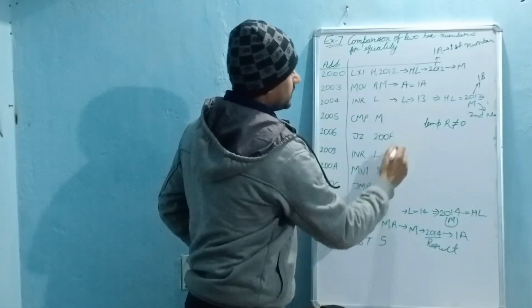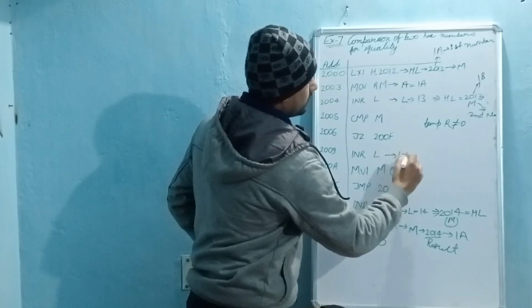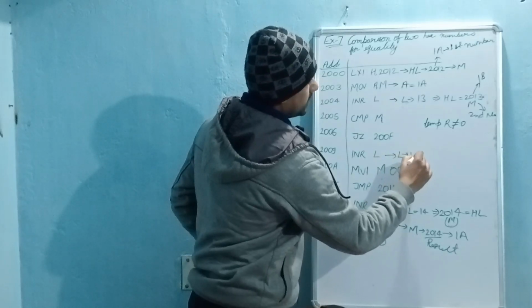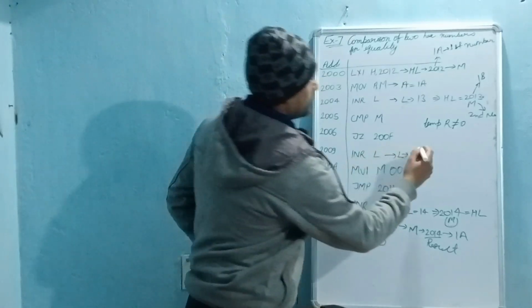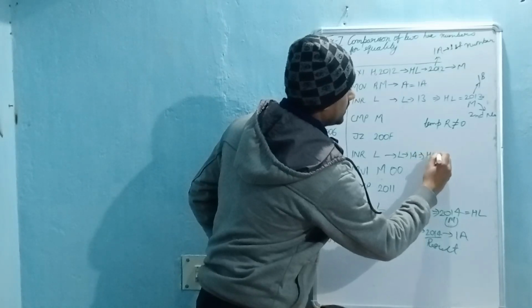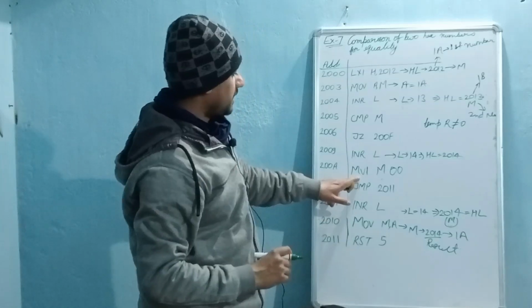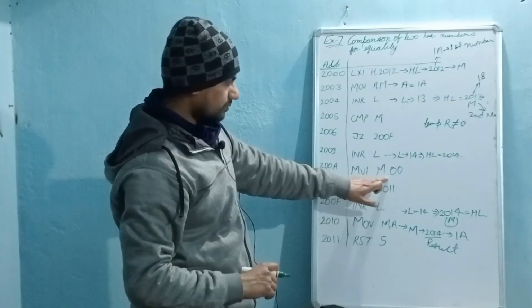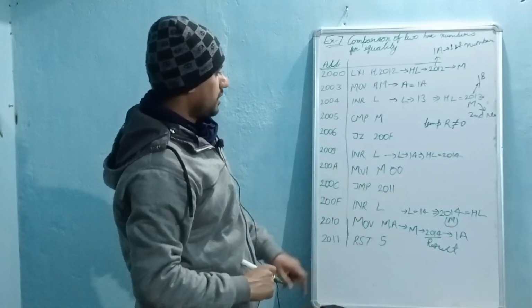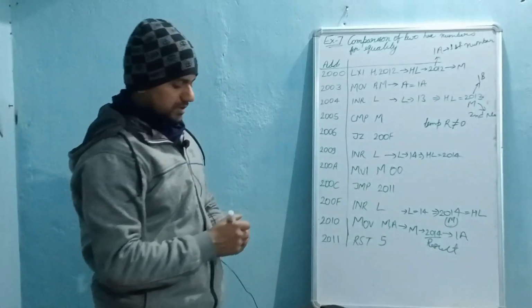L here is 13, so this will make L as 14. So we will get HL as 2014. Okay. Then after that, MVI M, 00. So now you have to see how many.